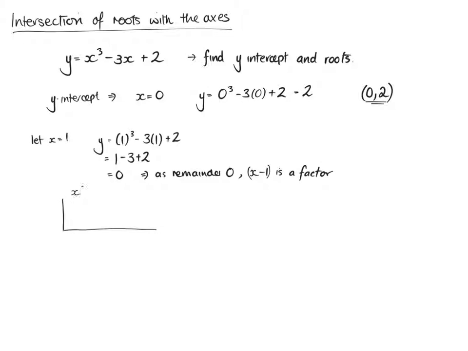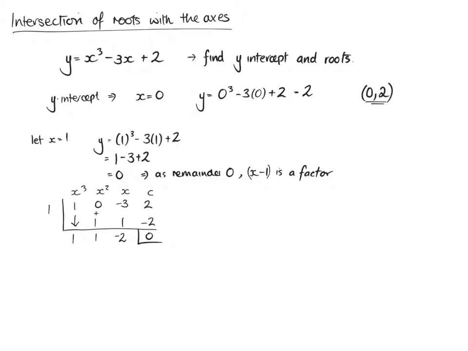So we can now use synthetic division. We've got our x cubed, our x squared, our x, and our constant. So we're going to have 1, 0, minus 3, and 2 from our coefficients. And we're doing 1, so 1 times 1 is 1, 0 add 1 is 1, 1 times 1 is 1, minus 3 add 1 is minus 2, and then minus 2 times 1 is minus 2, so we get 0.